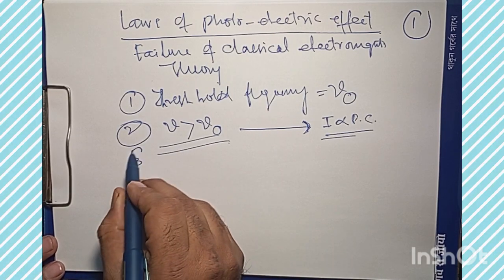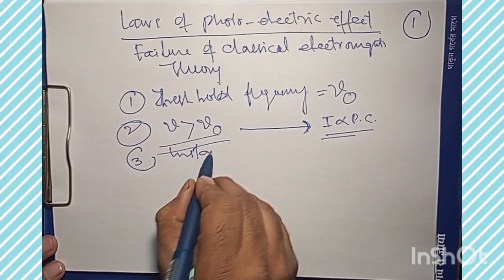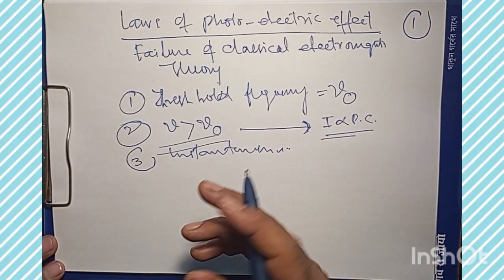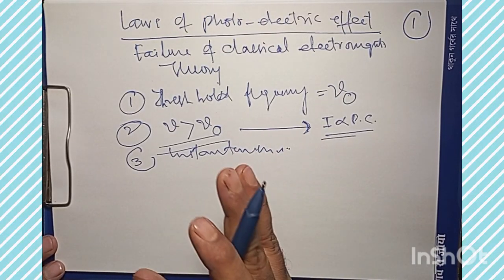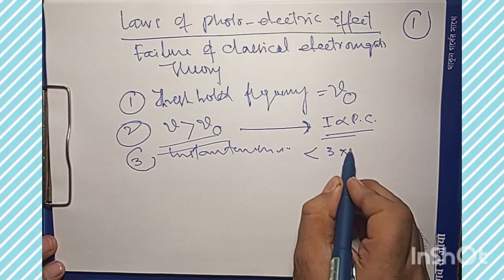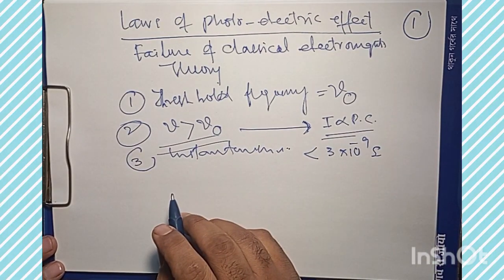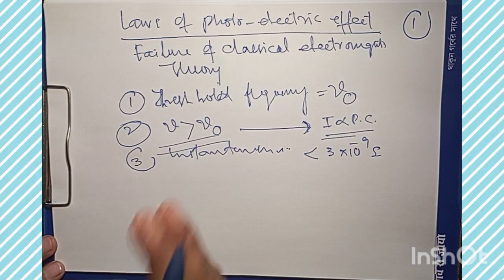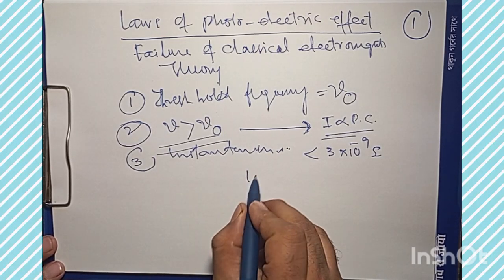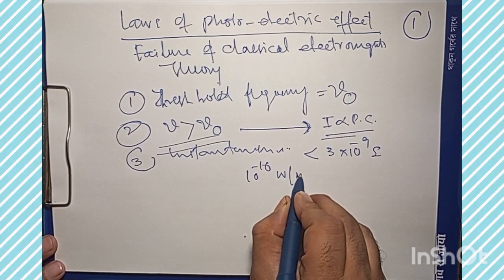Then this photoelectric emission is almost instantaneous. And what does that mean? That means the emission takes place in a time less than 3 into 10 to the power of minus 9 seconds, even when the intensity of the incident light is as low as 10 to the power of minus 10 watt per meter square.